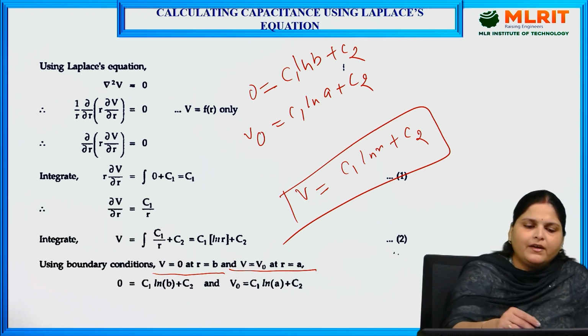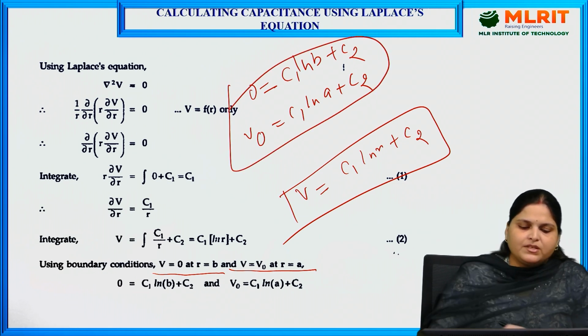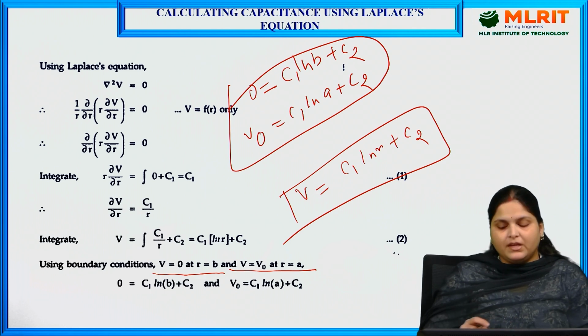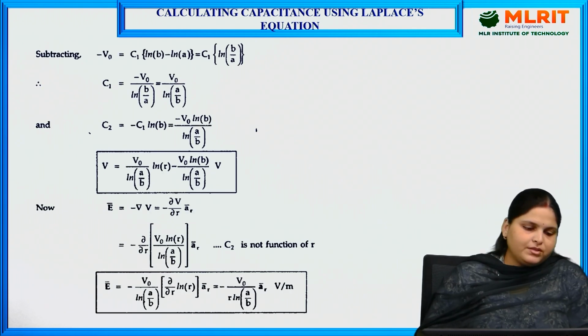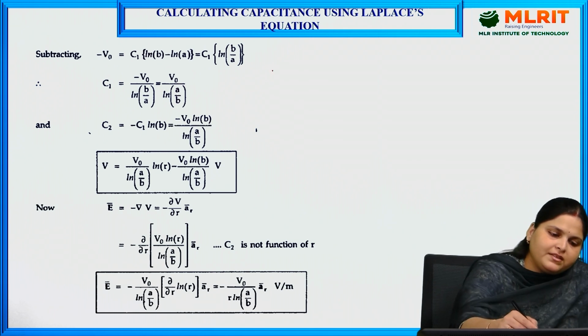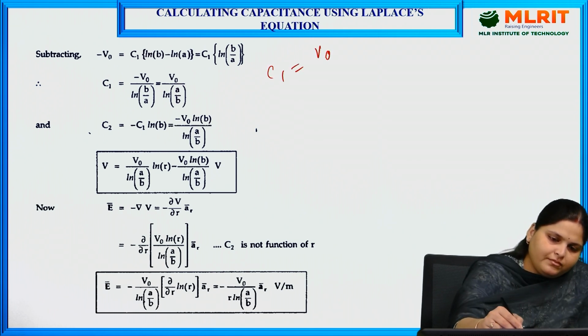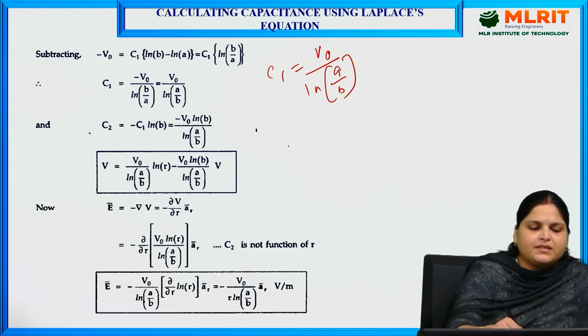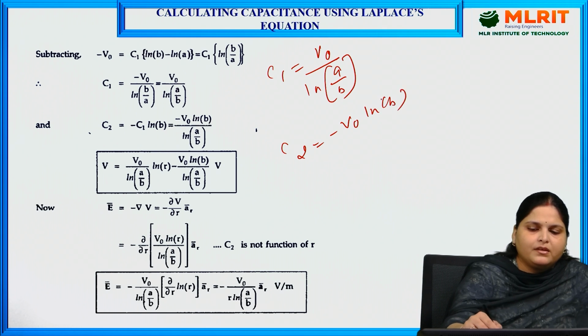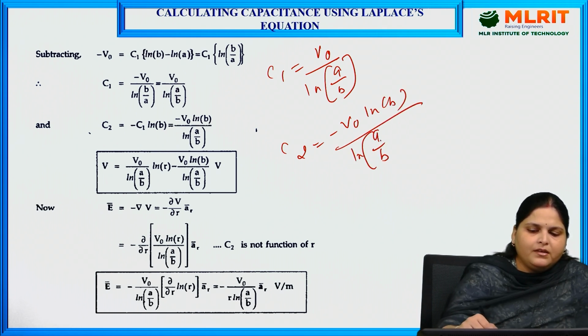So now we have these two equations. By using these two equations we can find out the values of C1 and C2, right? So when we calculate, we will find C1 as V0 upon ln(A/B), and C2 we get as minus V0 ln B by ln(A/B).